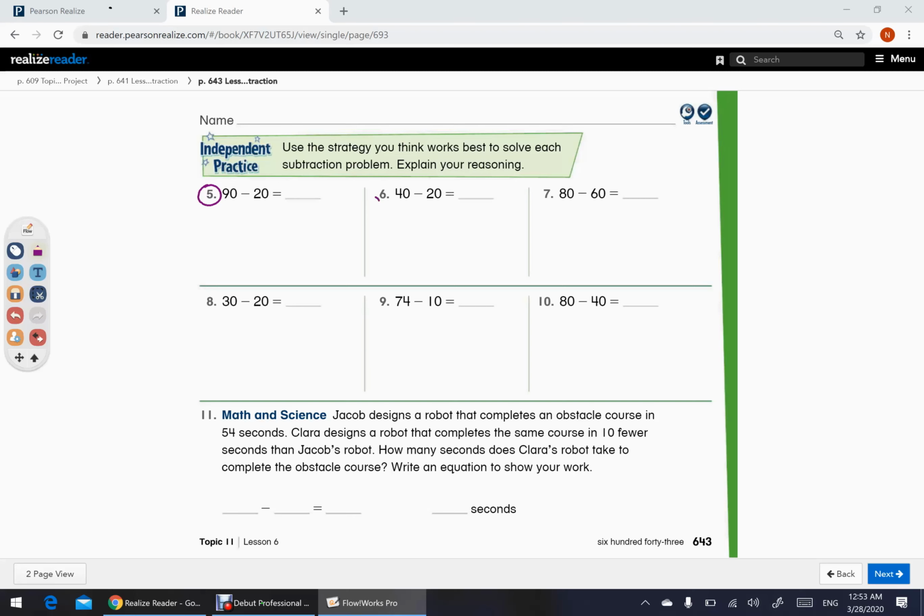The same thing is for number 6, 7, 8, 9, 10, and 11. So you will go through it and try to do it by yourself. Okay? If you have any question, please feel free to ask me. Okay? Let's move to our next page.